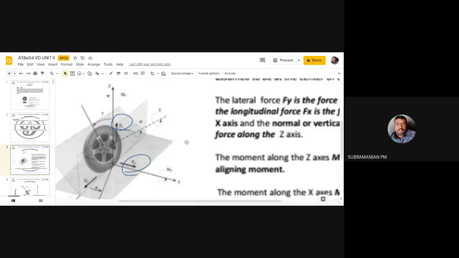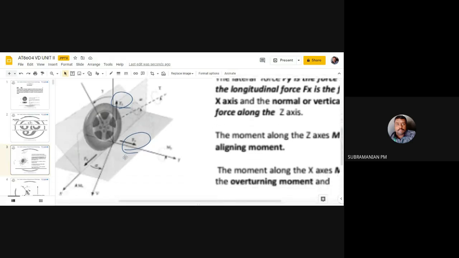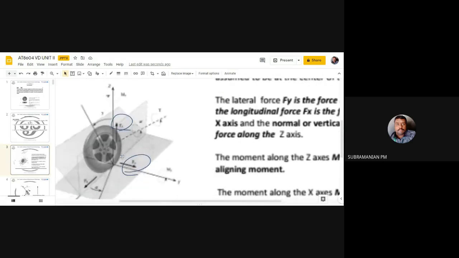Now we'll be discussing the moment about the different axes. Along Fx you'll be having the moment Mx, and here you will be having My. I will be defining what is Mx and what is My, and here you will be having Mz. You can see this is known as the camber angle. In the vertical plane, it is how far the tire center makes an angle.